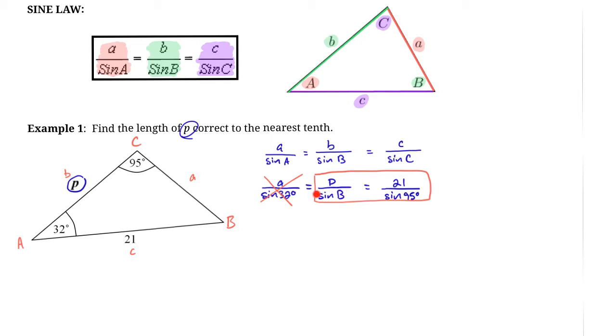But can we find this angle? What do we know about the angles of a triangle? Well, if you recall, the interior angles of a triangle add up to 180. So if we take 180 and subtract the other two angles, we can find angle B. So angle B is actually 53 degrees.